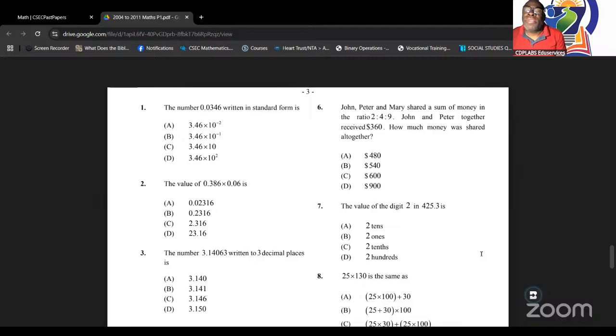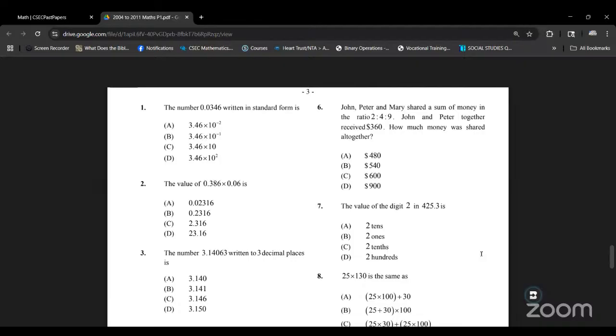Now, one strategy being used: you take note of where the decimal point is, and you place it between the first two non-zero digits. In this case, the first two non-zero digits would be what, Kelly?